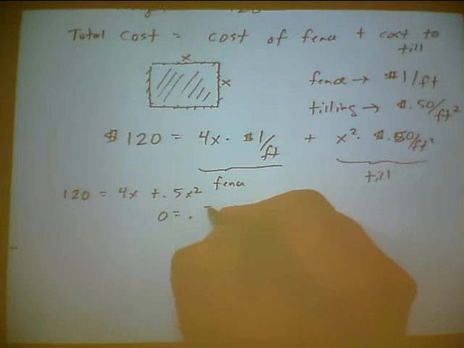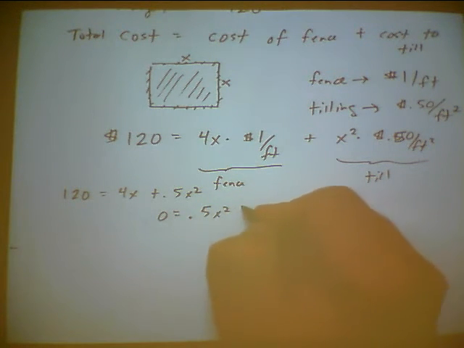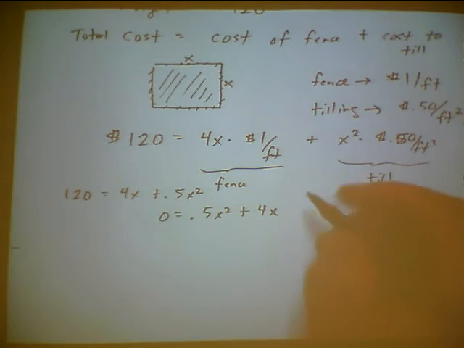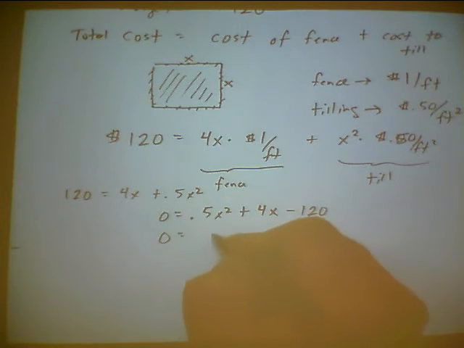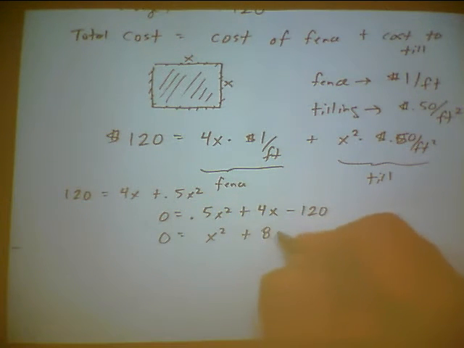So 0 equals 0.5x squared plus 4x minus 120. I really don't like having that 0.5 in front of my x squared. So I can divide both sides by 0.5. And when I do that, I end up with x squared plus 8x minus 240.